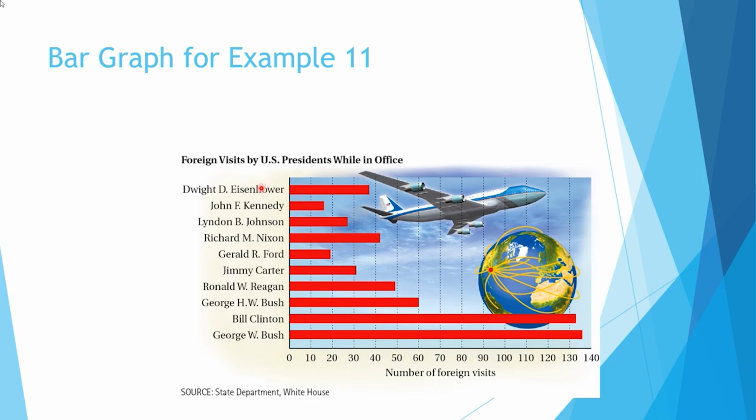That's because they're in categories. You can have the bars either horizontal or vertical. Typically with a bar graph, it's going to be vertical, but I guess for a fancier picture, they made it horizontal. And then you see the number of foreign visits on the bottom.